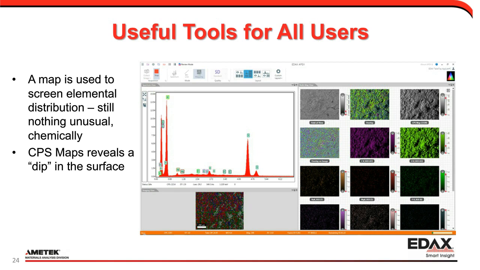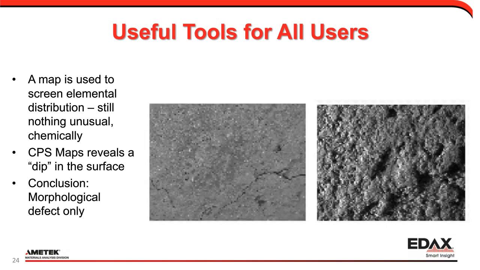Here's a zoom in showing how useful CPS maps are to reveal that change in topography. So the conclusion is that this one doesn't have any chemistry differences. It's a morphological defect only, and not any change in chemistry, nothing to worry about on the quality control line, just simply maybe a little dip or a dent in the sample.